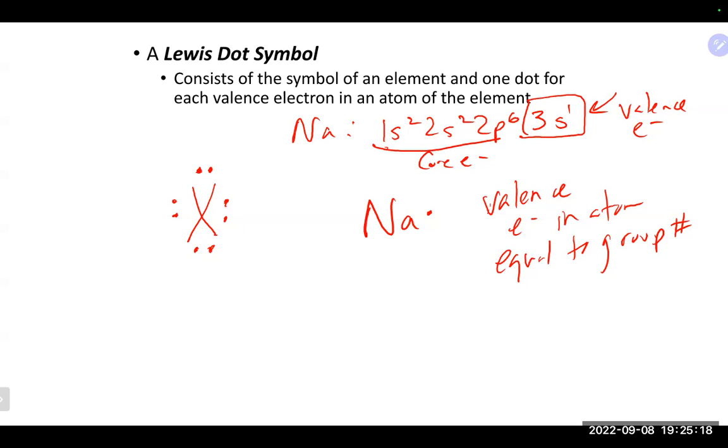If we did 1s2, 2s2, 2p5, which should be fluorine, these would be the valence electrons, which is 7. And fluorine, again, is group number 7 on the periodic table. So a much quicker way to figure out how many valence electrons there are is simply to go to the periodic table and find the group number, and that will give you your number of valence electrons.